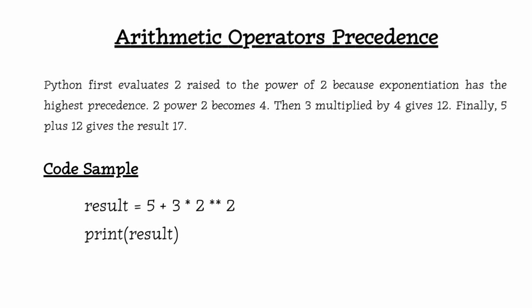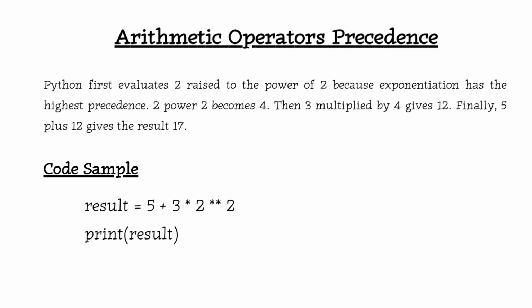The result, 2 power 2, becomes 4, and then that 4 gets used in the rest of the expression. After the exponent is calculated, the next operator is multiplication, which has lower priority than exponentiation. So 3 multiplied by the result of the exponent operation, 4, gives 12.